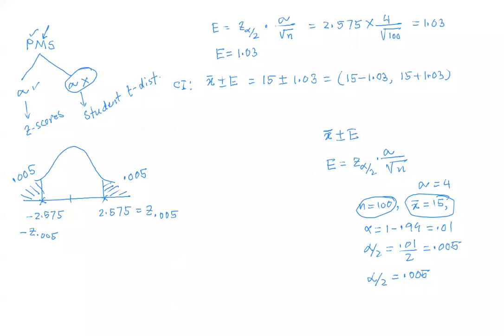What are you going to get? 13.97, comma, 16.03. So you're 99% confident that your actual average for the college would fall between 13.97 and 16.03.